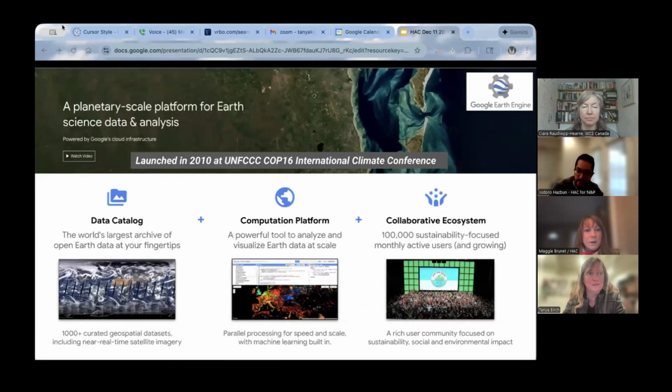Google responded to that by, in 2010 at COP16, launching Google Earth Engine as the first cloud native planetary scale geospatial analysis platform. And that was because it was extremely difficult to access all of that treasure trove of satellite imagery and analyze it over time.